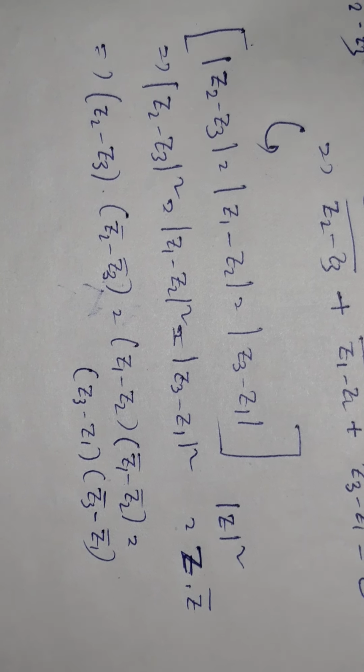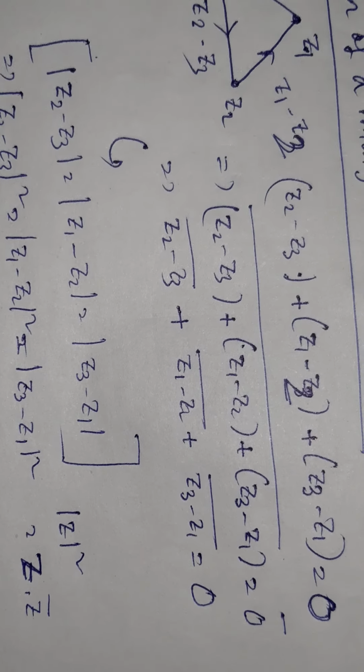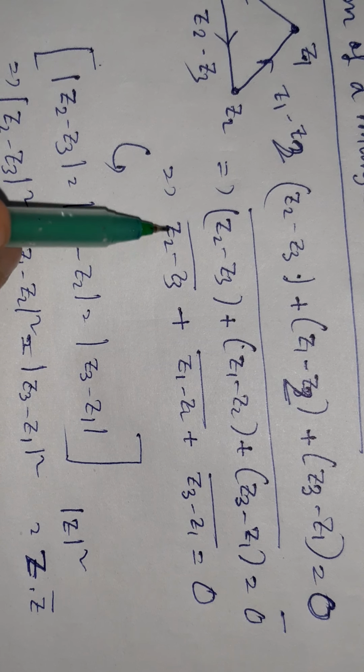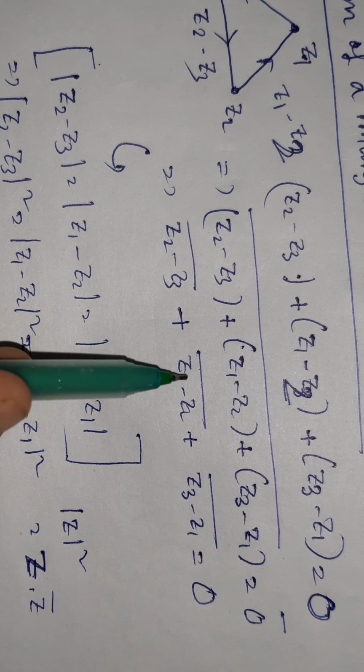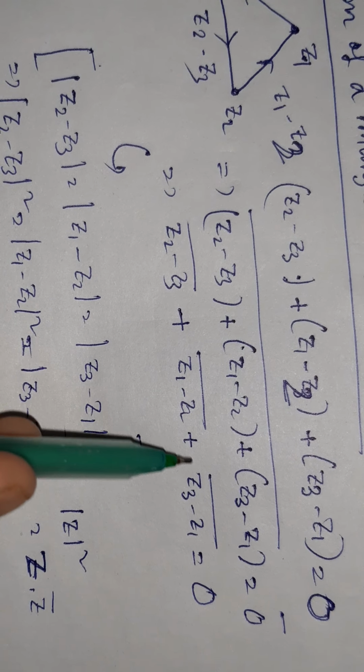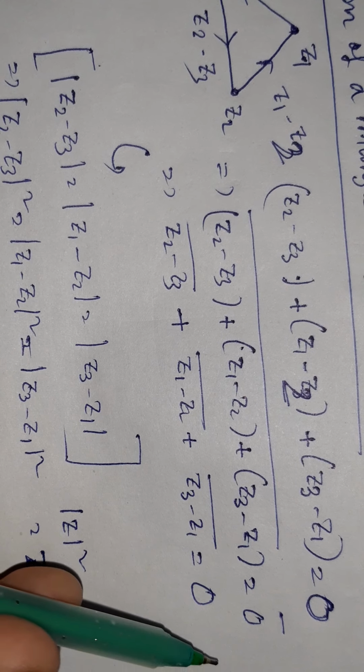Here we also have that the conjugate of z2 minus z3 plus the conjugate of z1 minus z2 plus the conjugate of z3 minus z1 equals 0.